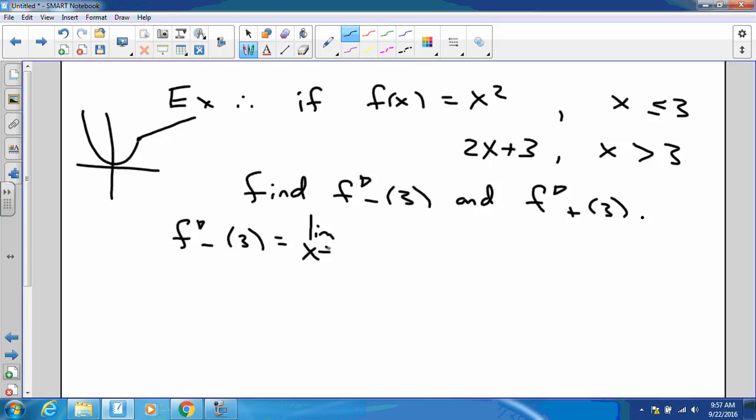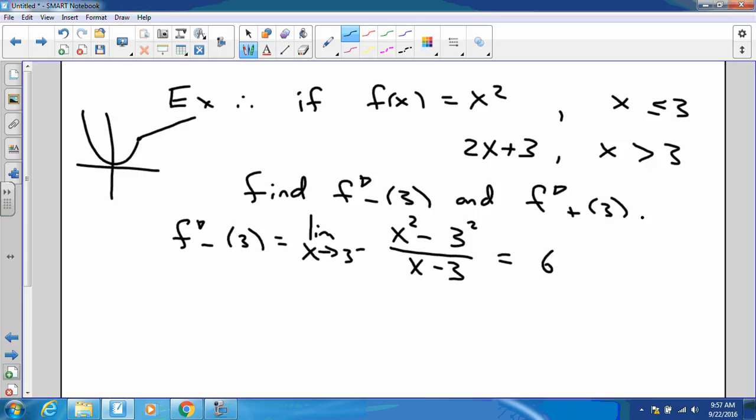So I'm going to say that f prime from the left at 3 is the limit as x goes to 3 from the left of f of x, which in this case is x squared, minus f of 3, which is always 3 squared, all over x minus 3. And we've already computed this limit.